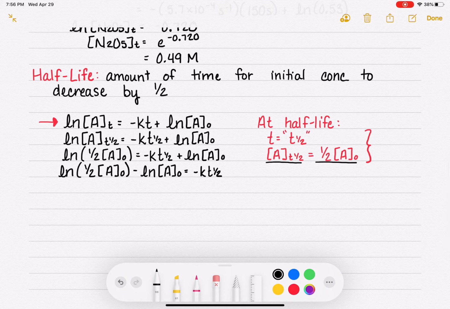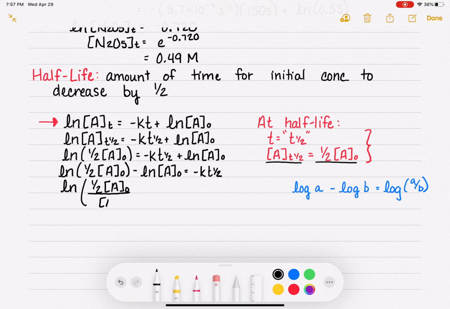One of the properties of a log is that if you have the log of A minus the log of B, that is equal to the log of A over B. So we're going to use that property, and we're going to say the natural log of 1/2 A at time 0 divided by A at time 0.